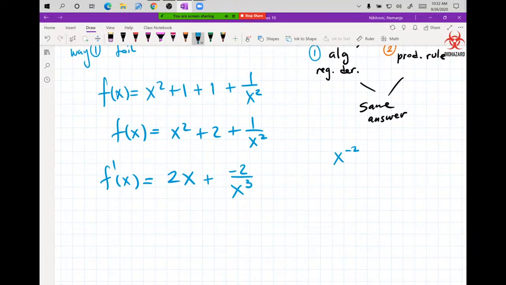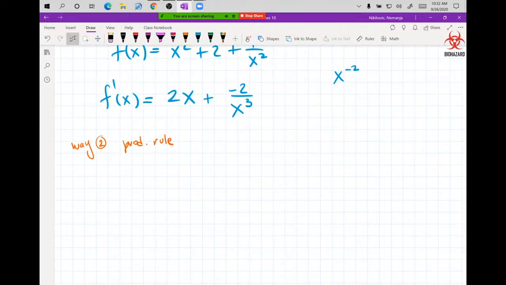So negative 2 drops down, and then negative 2 minus 1 is negative 3. So that gets us into x cubed. And that's it. So we better get this answer using orange way 2, where we use the product rule immediately.